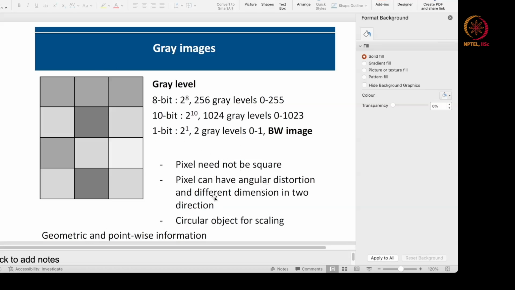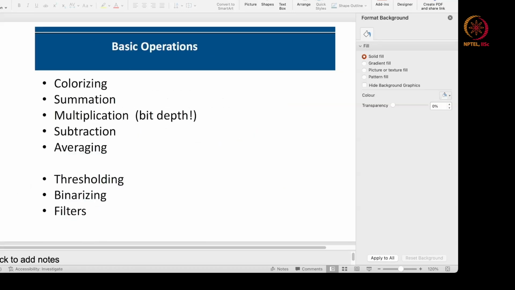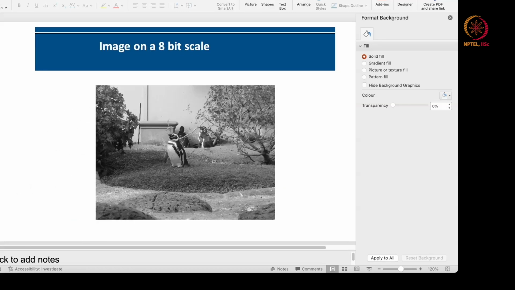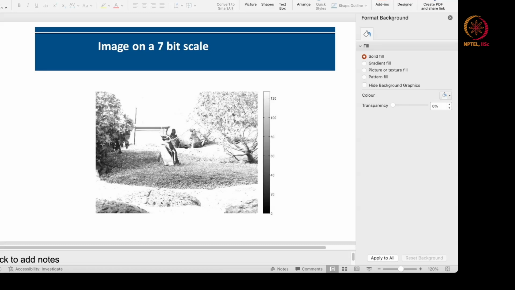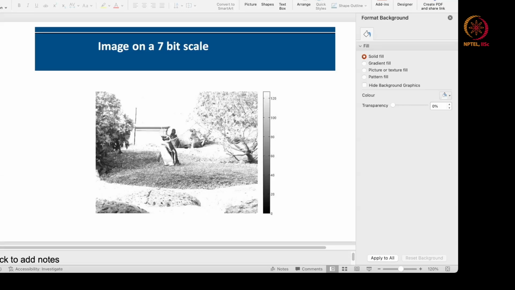They can have angular distortion and also different dimensions in the two directions. For example, this is the image on a 7-bit scale, and this is the image on an 8-bit scale. You can see the difference with a larger number of representation levels.